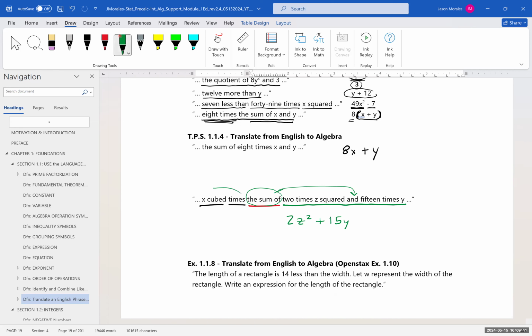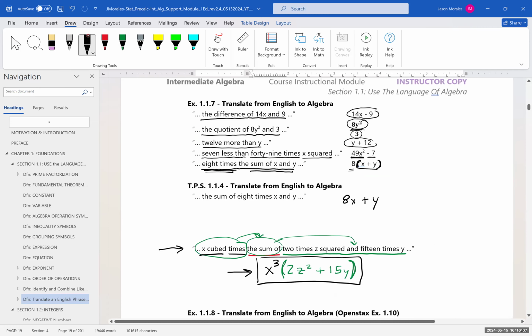And out here, we have x cubed times that sum. So here's the sum, and now we want to do x cubed times that. That's how we would translate this literal description into a mathematical expression.